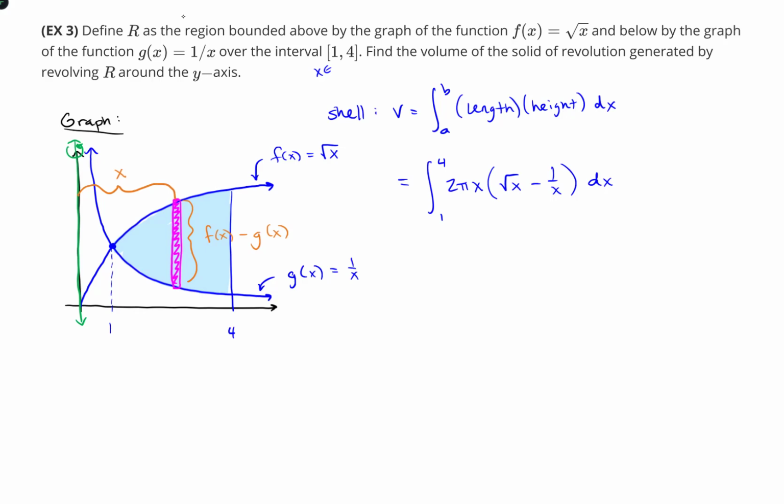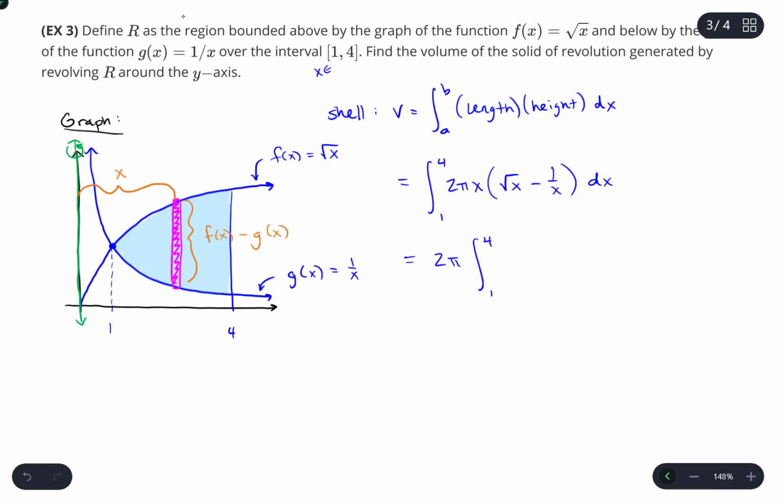Okay, now the next thing here is to do the integral. So let's pull 2 pi out, integrate from 1 to 4, x times the square root of x. I'll come up to the side to show you, x times the square root of x is the same thing as x times x to the 1/2 power.